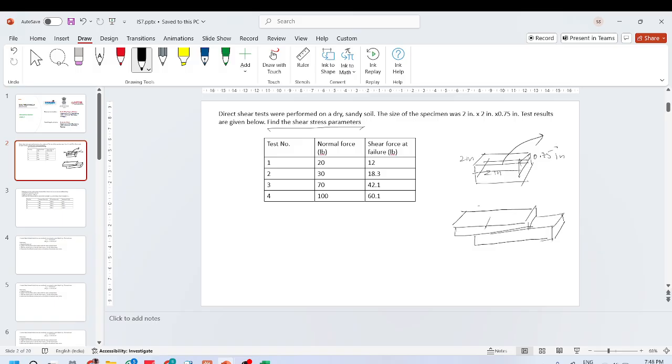But if you see here, as the box moves, the area of contact between the upper and the lower soil parts, the lower box, is getting reduced. So we have to take that into account when we are performing the direct shear test. So we have to make an area correction.